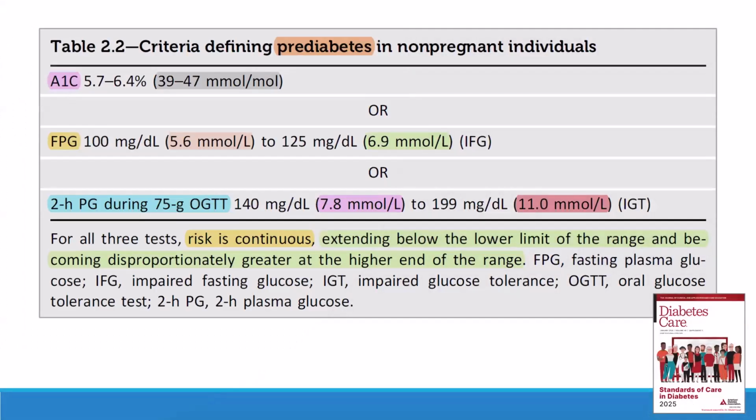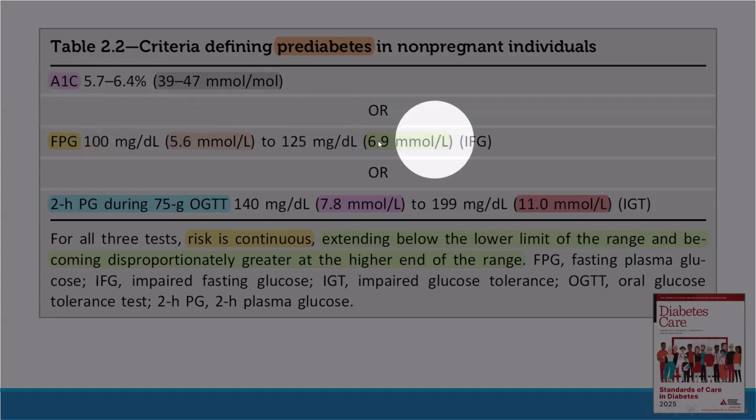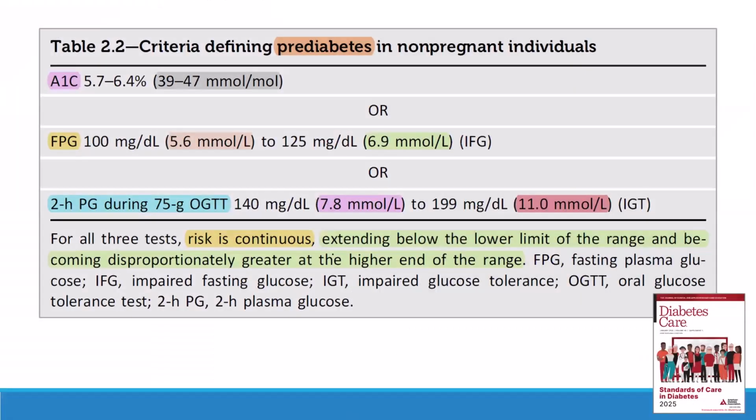The fasting between 5.6 and 6.9 millimole per liter, the 2-hour between 7.8 and 11 millimole per liter. This is pre-diabetic. Don't forget that the risk is continuous below the lower limit of the range and becomes disproportionately greater at the higher end of the range.